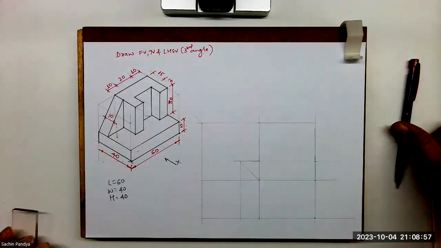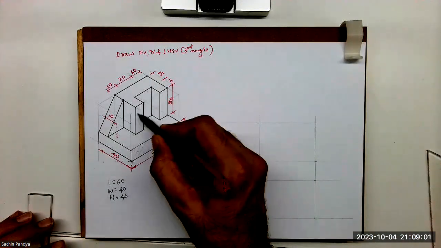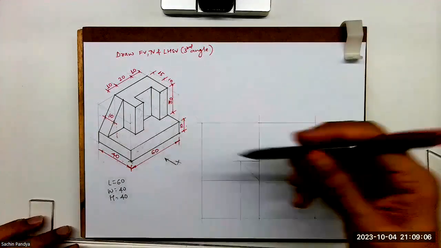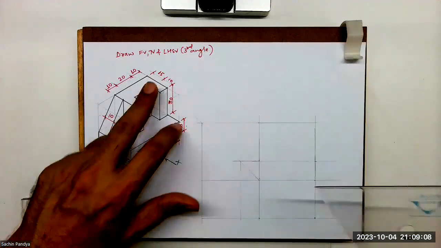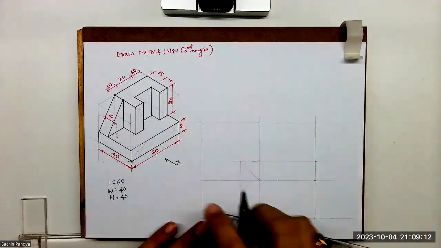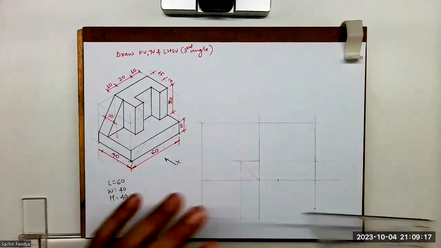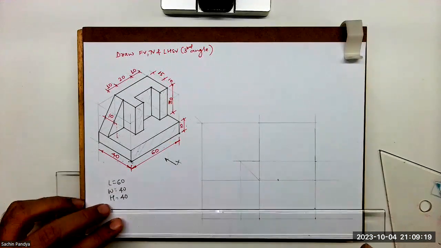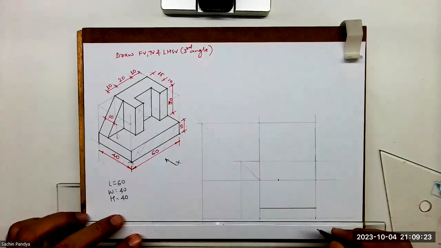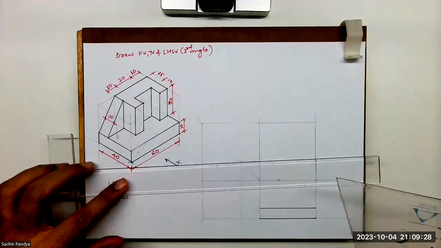Now I need to draw front view. So in front view, I'll see this part, this part, this part, and this part, and this slope also. So what I need to do, I need to mark 40. Then this height is 10. So I will draw this part first. See this.